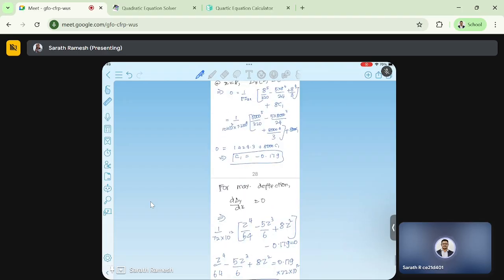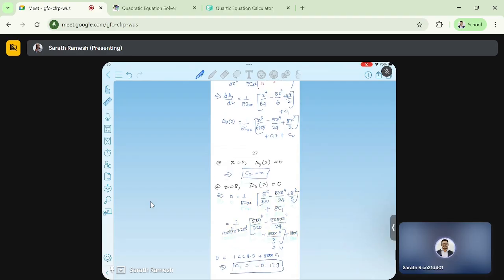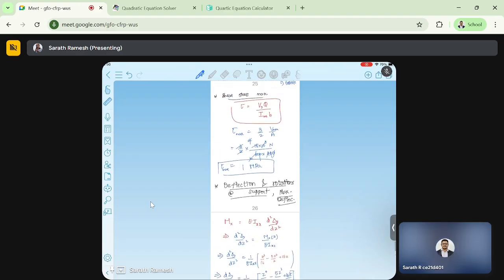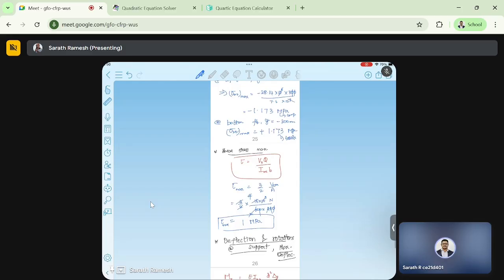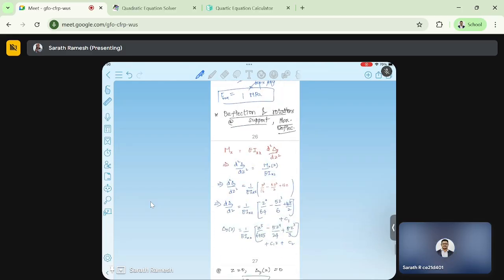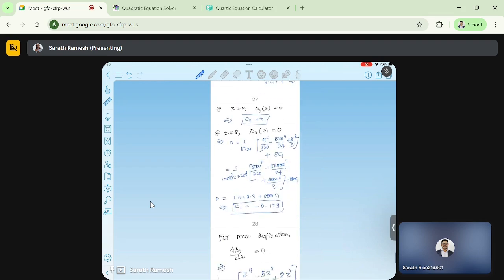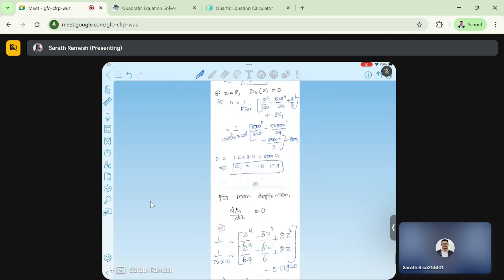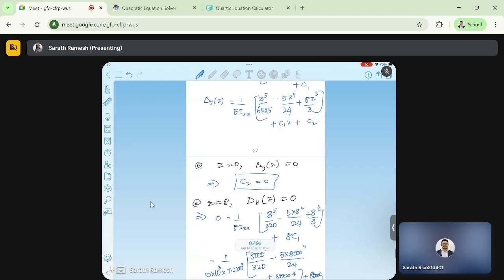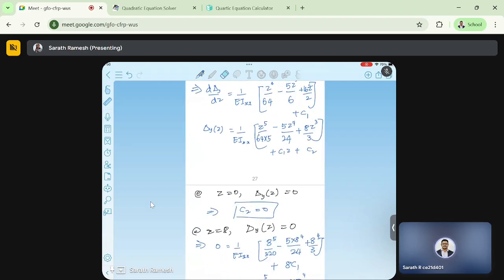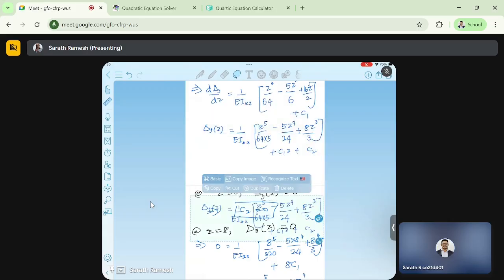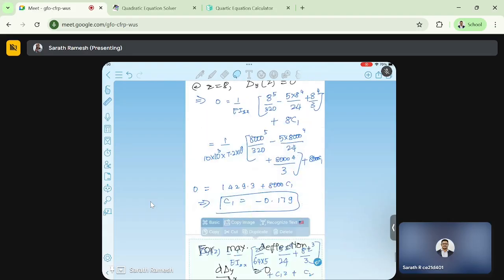Let's calculate it back. Where is the deflection expression? Yeah, here it is. So in this we have to substitute.